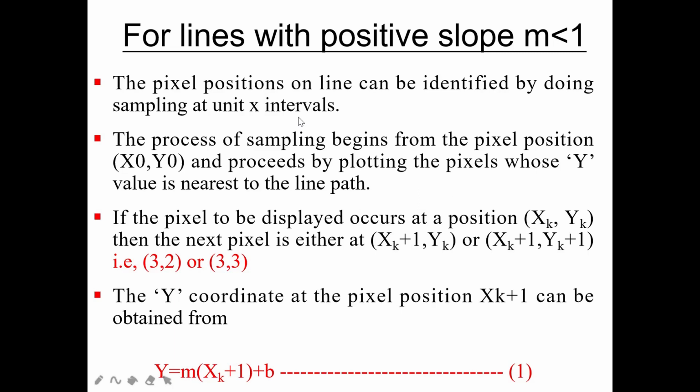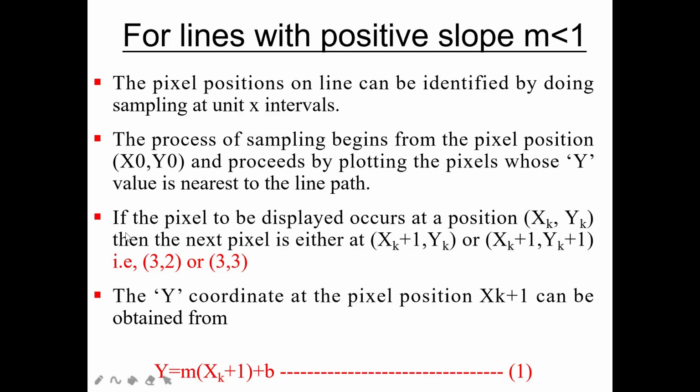Suppose your pixel position is x0 comma y0. If that is the first point and you start your sampling process from x0, y0, then you are going to plot all the pixel values along a line path. But how do we do that? That's what we are going to find here.